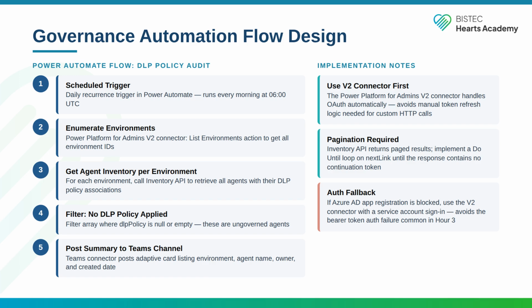If Azure AD app registration is blocked by your tenant's application registration policy, authenticate using the V2 connector with a service account sign-in. The service account must be a work or school account with Power Platform admin or environment admin rights. Document which service account is used. This is an audit trail requirement.